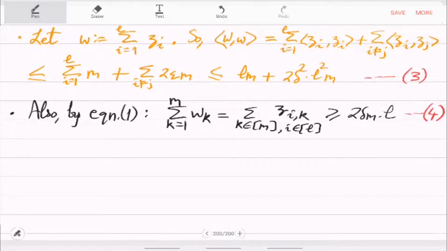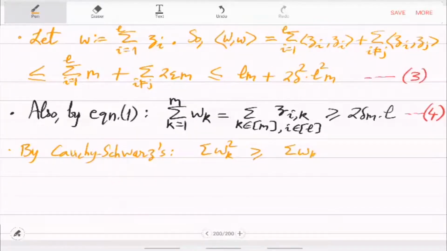And now equation 3 and 4 are somehow opposites. Okay, so we'll combine them and get the answer. So by Cauchy-Schwarz, you can see that essentially average of squares is at least square of the average. Okay, that inequality.